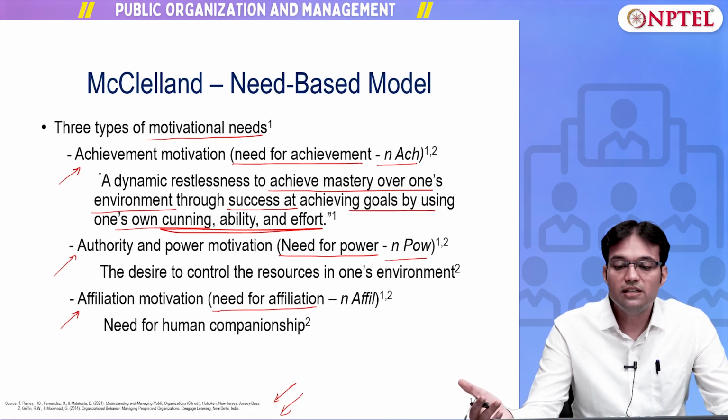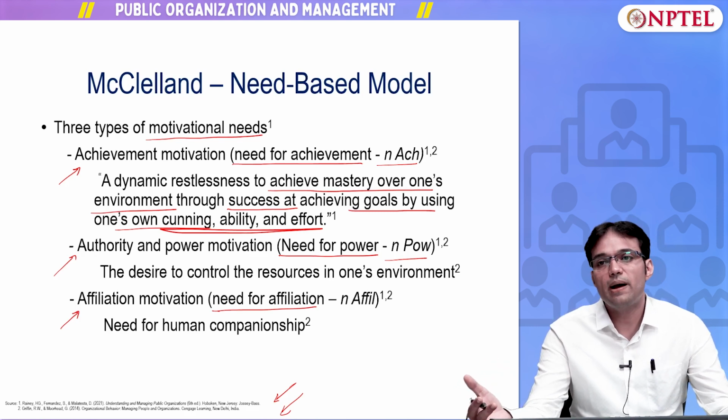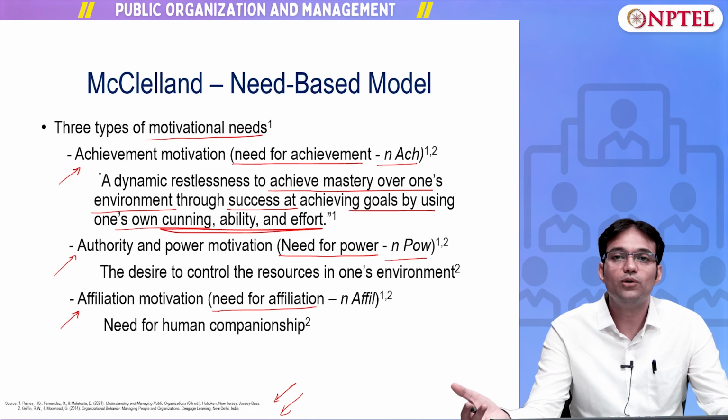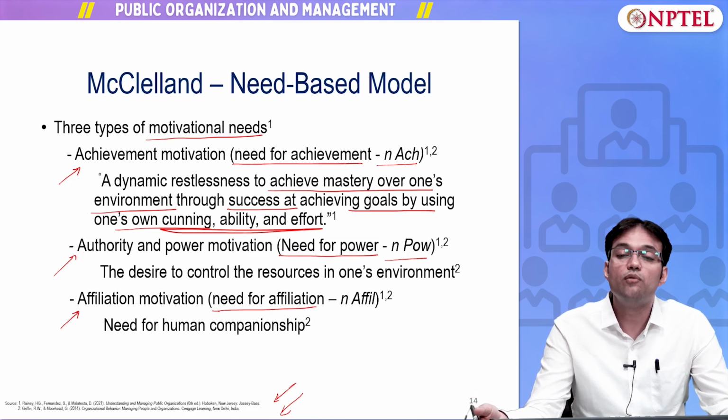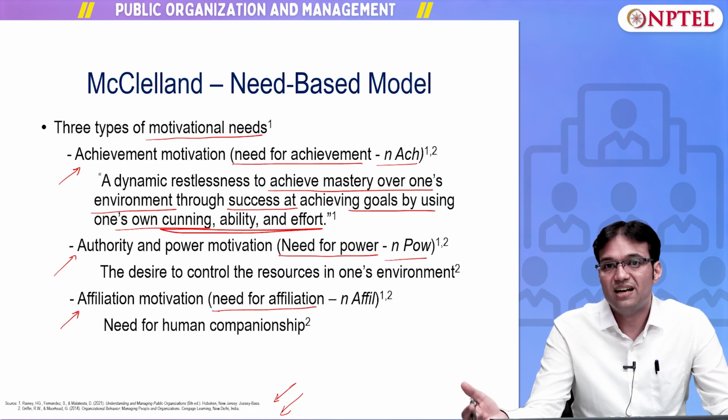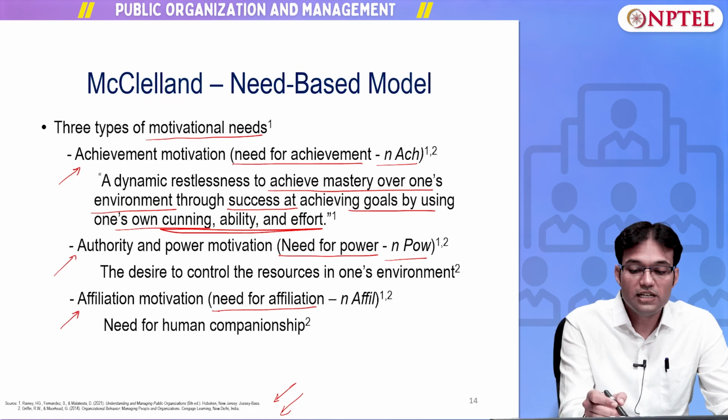So what you will see around you are these people who will always jump at new projects. They want to involve themselves in new challenging projects always, and they want to contribute and prove themselves, right? And they want to attain success by achieving the goals of the organization and continue to do that. If you see these kind of people around, you will notice that they have high need for achievement.